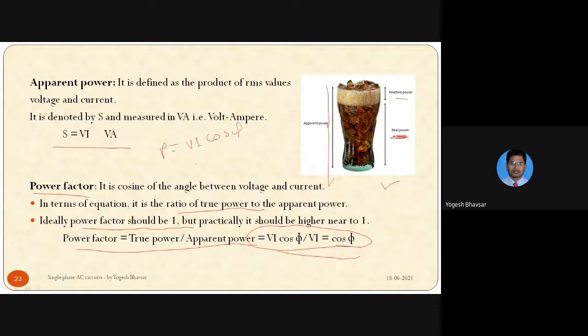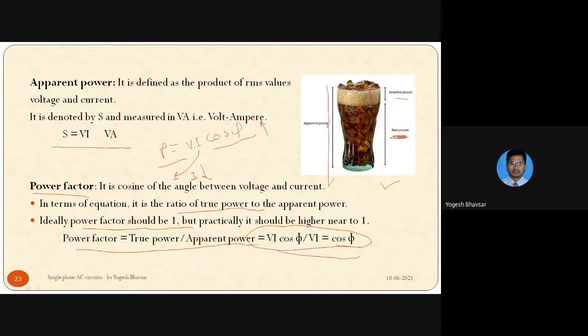So when we calculate cos phi, it is equal to P divided by V into I. When the power factor is more, then the current will be less, because of inverse proportionality. And when the power factor is low, then current will be more, because voltage will be constant. We give 230 volt, 440 volt, it will be constant. There will be no change.